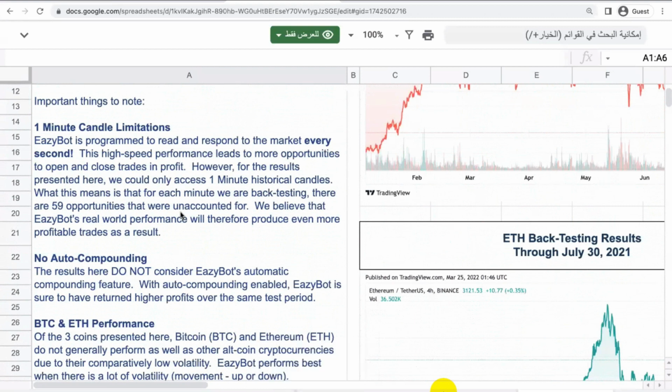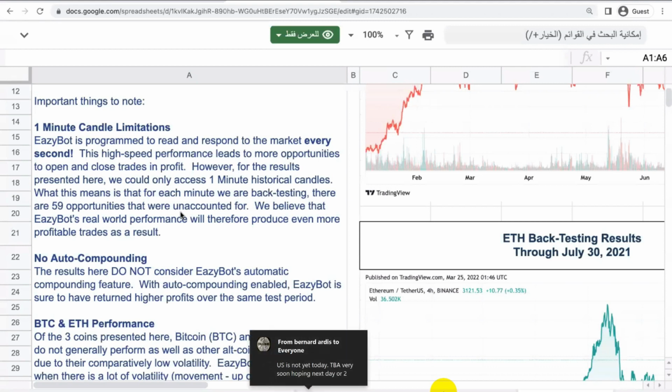The backtesting we used was against 1-minute candles. Now, Eazybot, from a technological standpoint, its software is programmed to read and respond to the market every single second. This high-speed performance allows Eazybot to execute against more opportunities and open and close trades and profit.